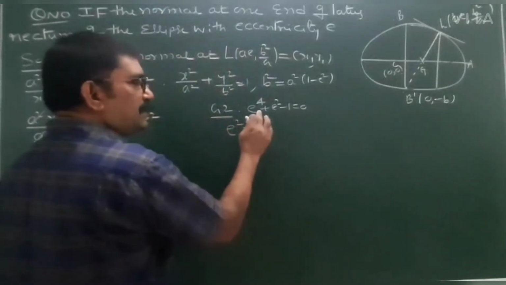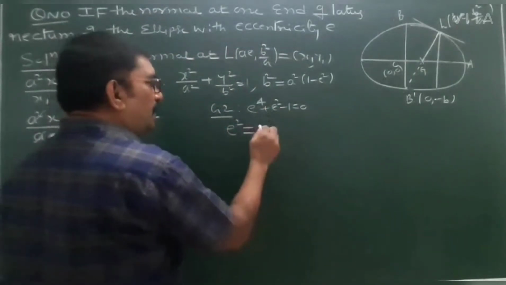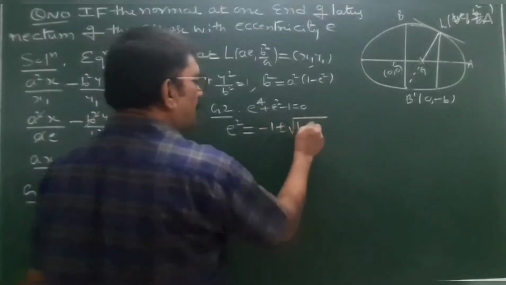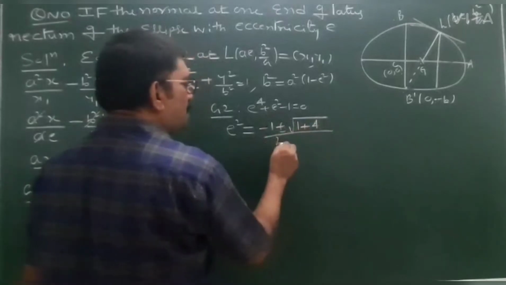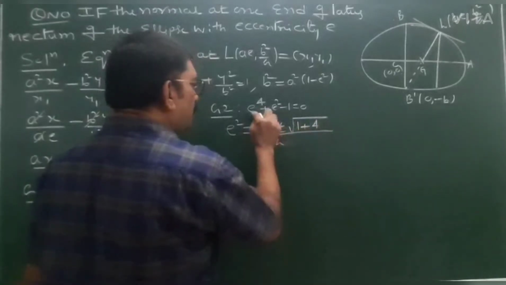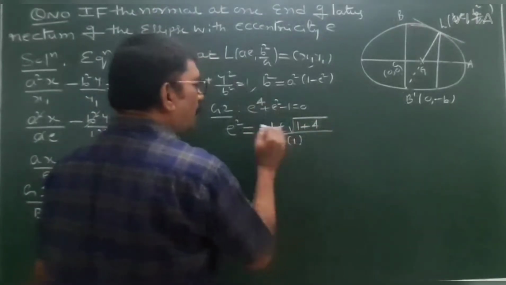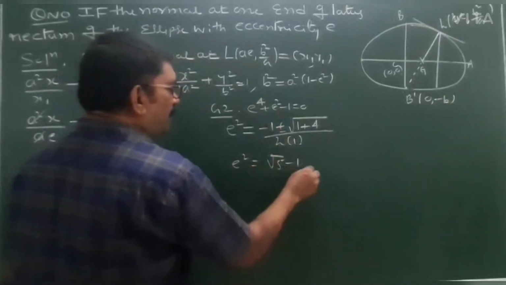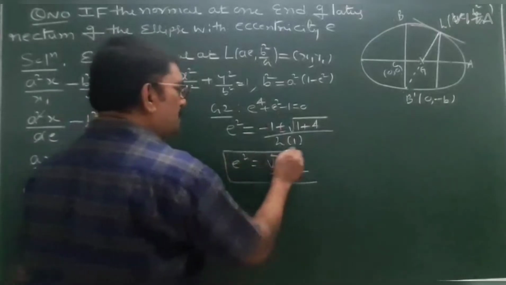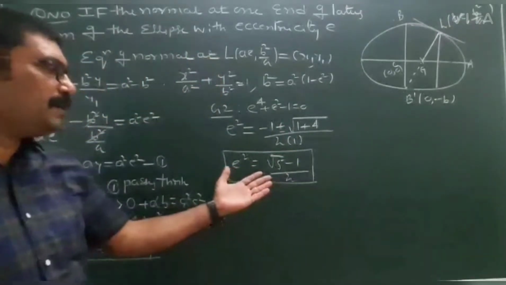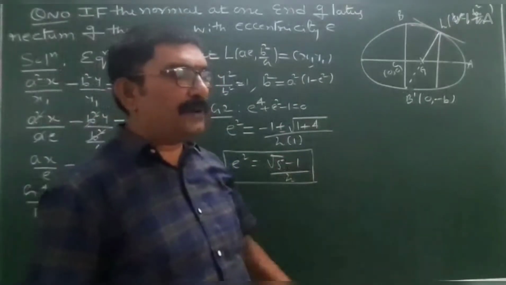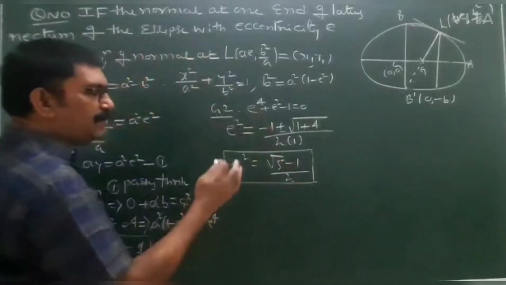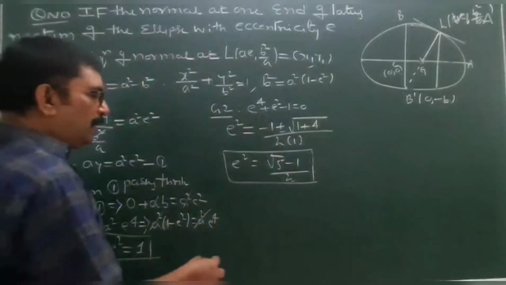I can write it as a quadratic in e², so e² = (−b ± √(b² − 4ac))/2a, where a is 1, b is 1, c is −1. Now e² cannot be negative, so therefore e² = (√5 − 1)/2. You can also write it in terms of a sine or cosine function, depending on this.